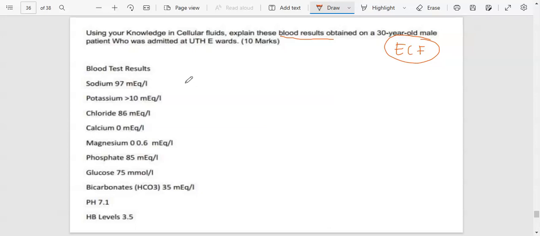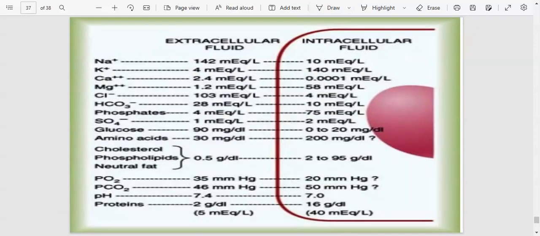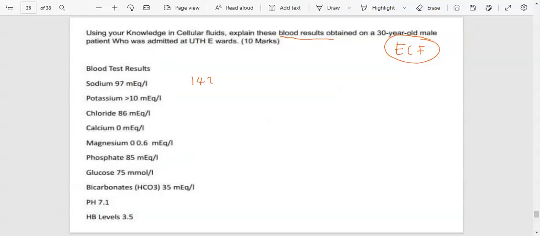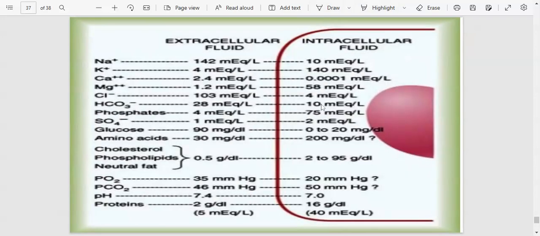We know that sodium in the extracellular fluid, the normal is supposed to be 142 milliequivalents per liter. For potassium, we know it is supposed to be 4. For chloride, it is supposed to be 103.